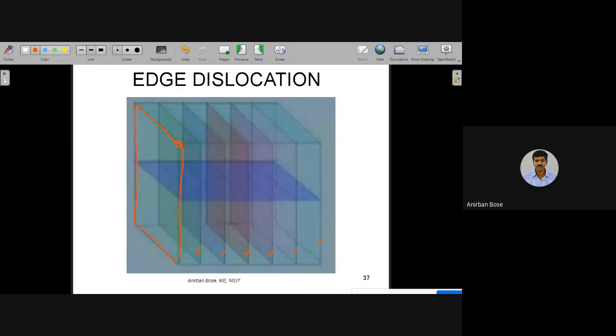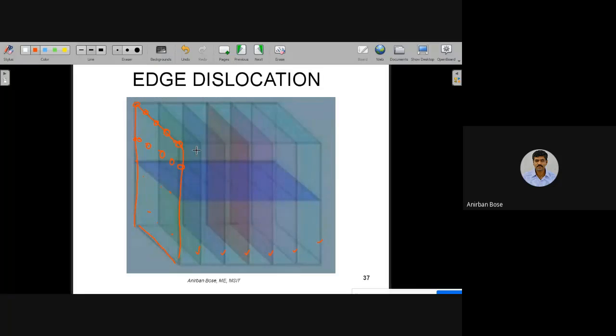So basically atoms are arranged in this way. This is a virtual vertical plane that we are assuming, actually atoms are there like this. Similarly, in all the planes you can consider the atoms are there.